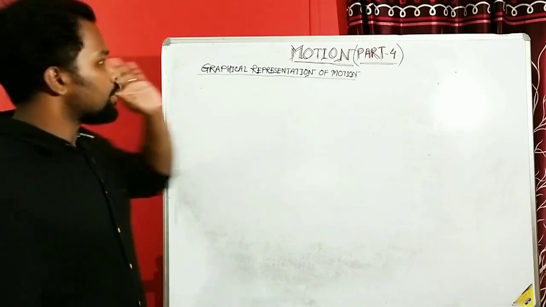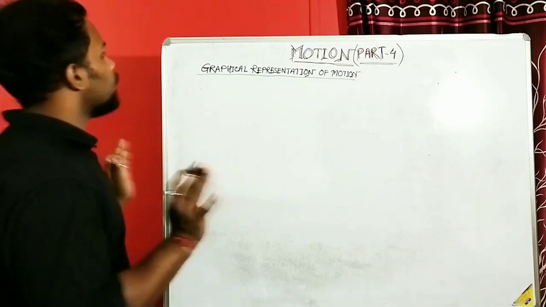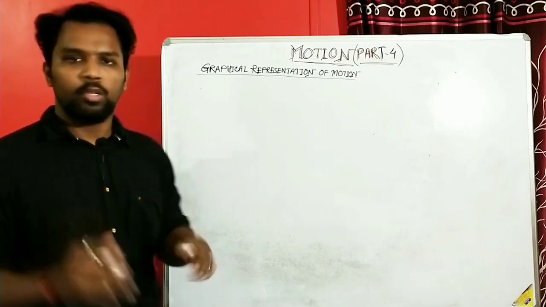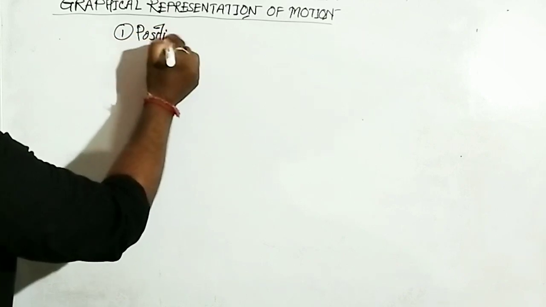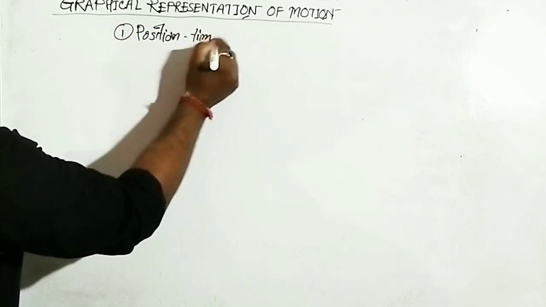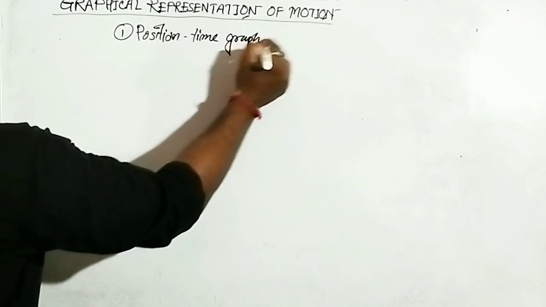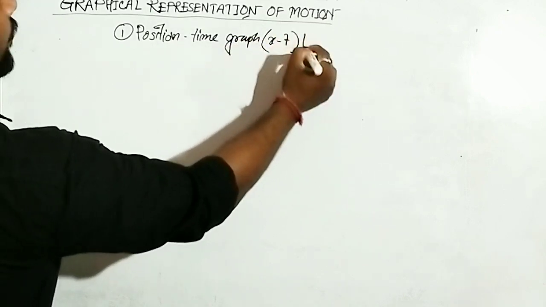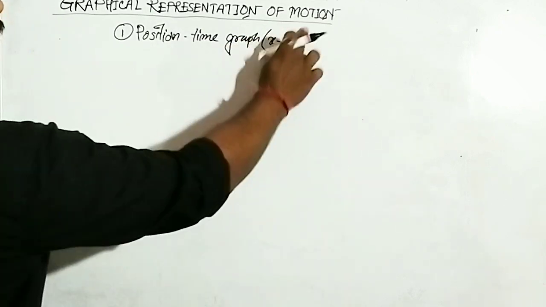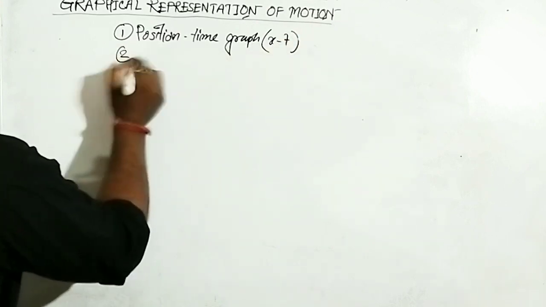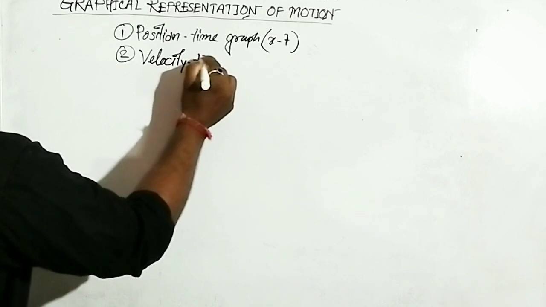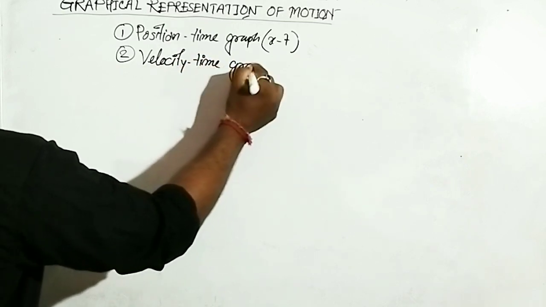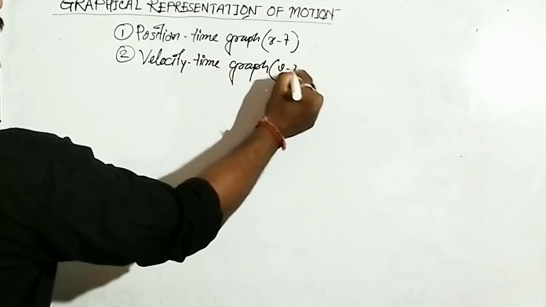Before starting the main parts, I just want to tell you that there are three types of graphs here. The first graph is the position time graph, that is nothing but the xt graph. The next one is the velocity time graph, that is nothing but the vt graph.